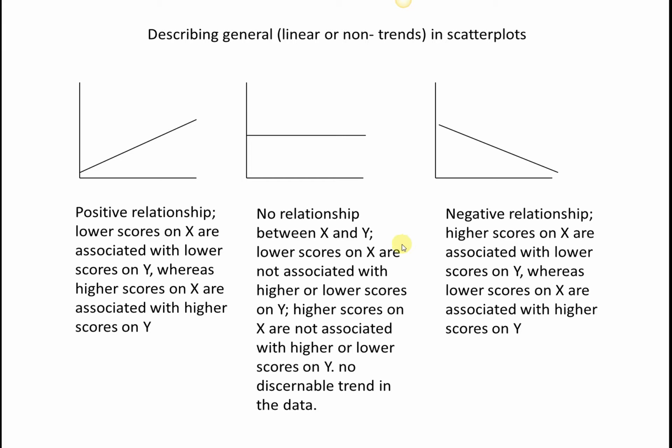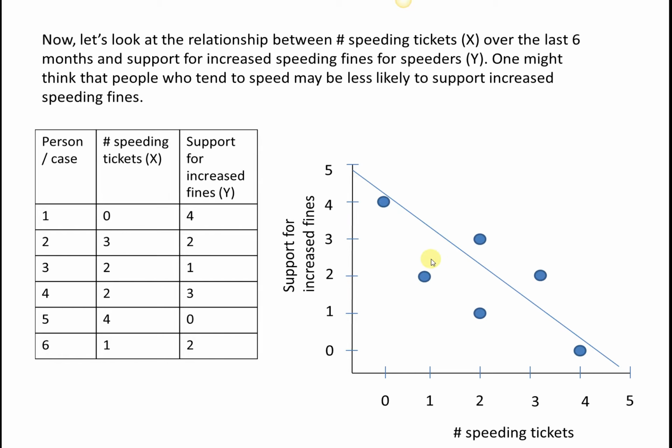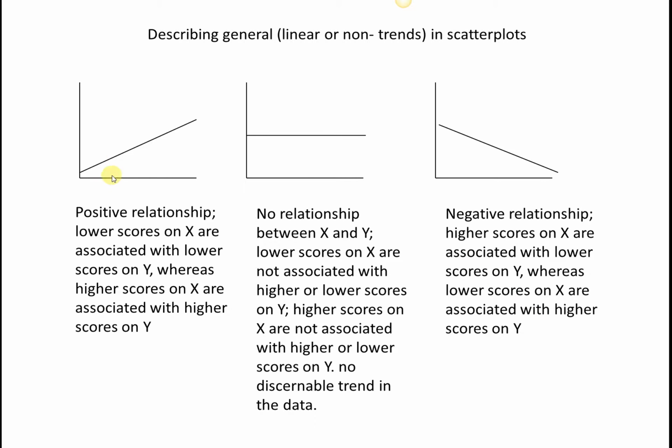Also note that the stronger the relationship that exists between two variables, the more those data points that you see right here start to fall on the line itself. Whereas the weaker the relationship, the more horizontal the line becomes, and the data points exhibit more variation around this line.